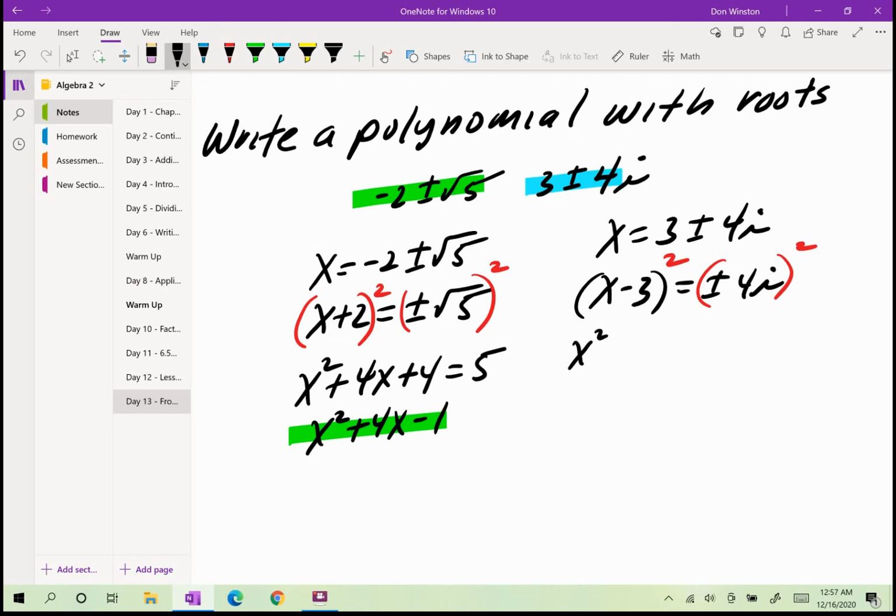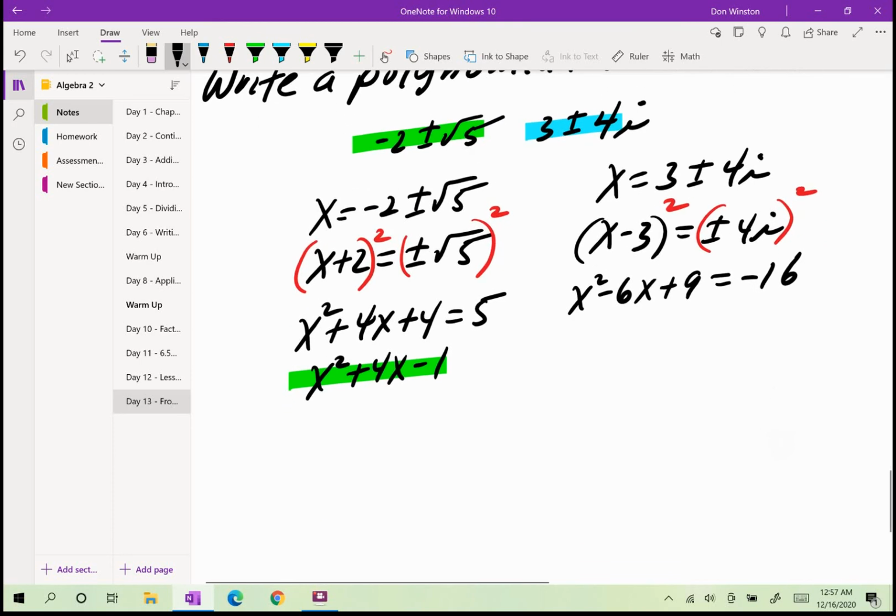That will be x squared minus 6x plus 9. And then 4 squared is 16, and i squared is negative 1, so this would be negative 16. Add the 16 on both sides, and I'll get x squared minus 6x plus 25.